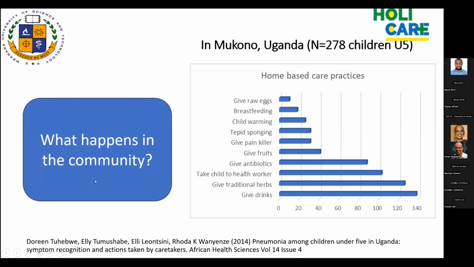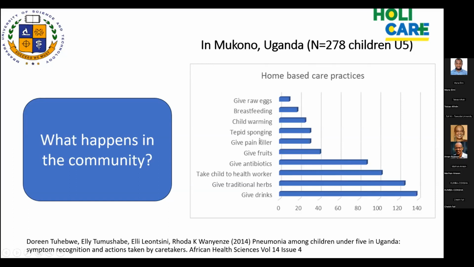I wanted to also highlight the fact that care is not only being given in the health facilities. Even in the communities, there are many things that people are doing. This is a study from Kono, which is a district near Kampala in Uganda, where a survey was conducted in mothers of 278 children under 5 to ask them what they would do if their child had what they thought was a respiratory tract infection or pneumonia.